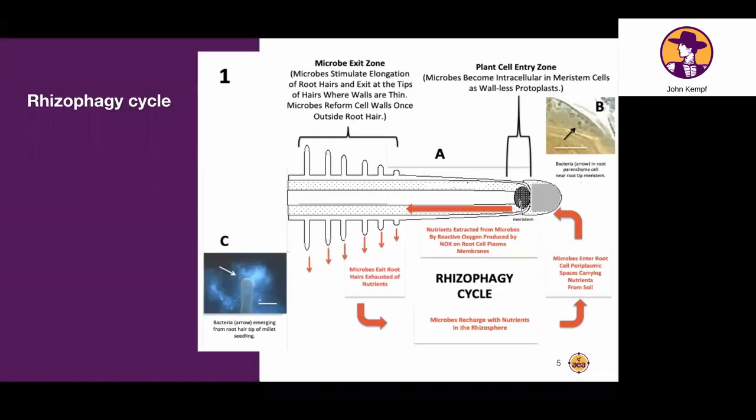So the rhizophagy cycle, I really wish we could be live and I could see you in person so that I could ask for a show of hands of how many people haven't heard of the rhizophagy cycle. I've been talking about this for the last couple of years. It's become much more widely known.